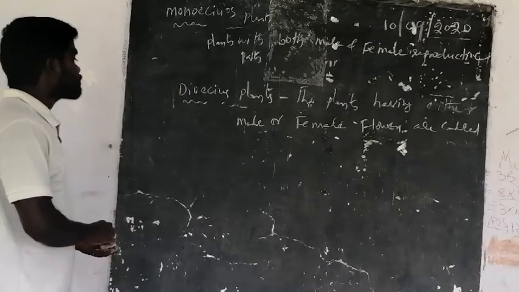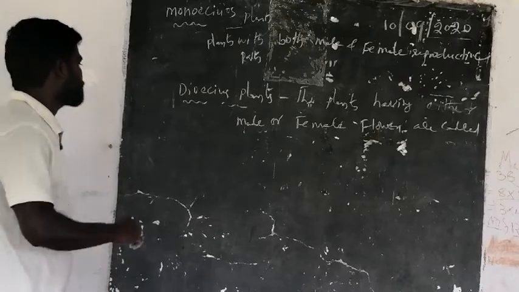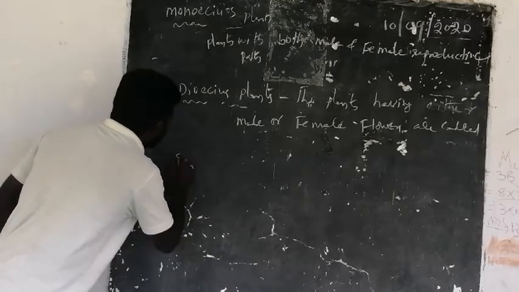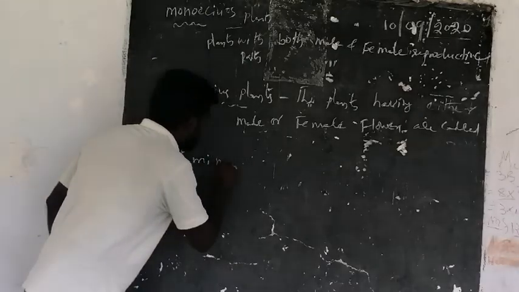And the flower which bears only male reproductive parts is called the staminate flower. There are some definitions. Staminate flower.